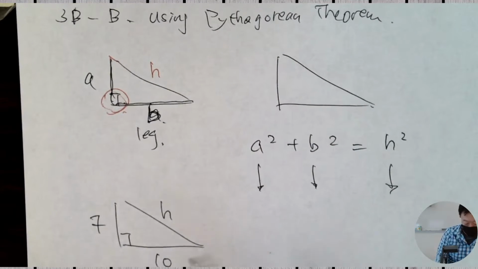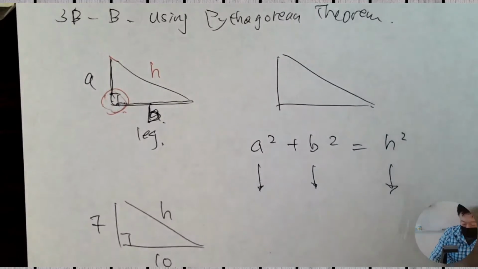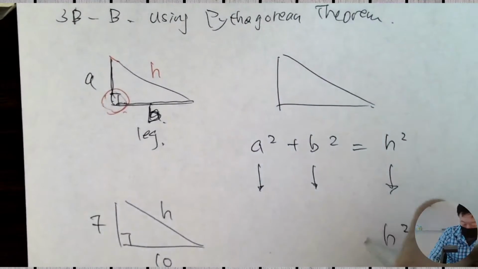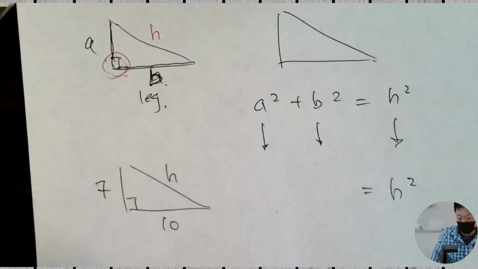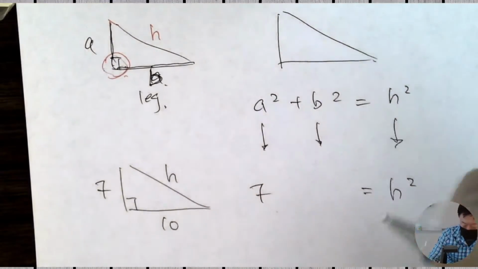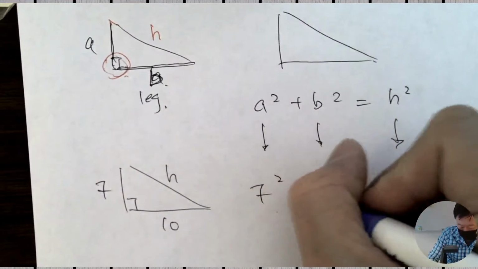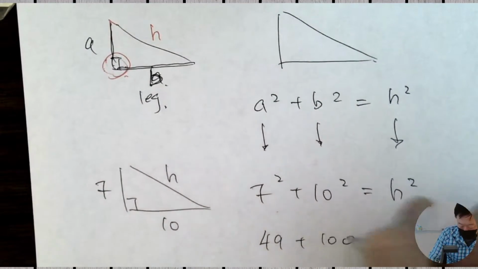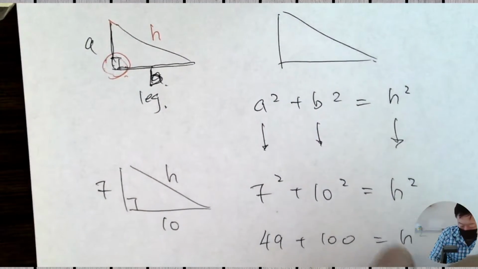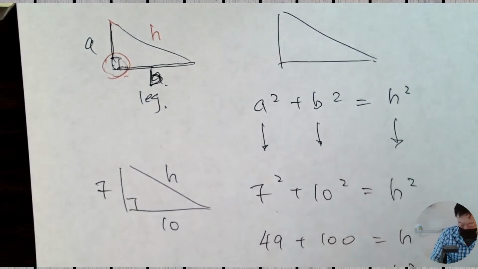I don't know what h is, so I'm going to write that down first as an h. I can plug 7 and 10 into either spot. So I call that 7, call that 10, square that. Then I have 49 plus 100 equal to h squared, 149 equal to h squared.